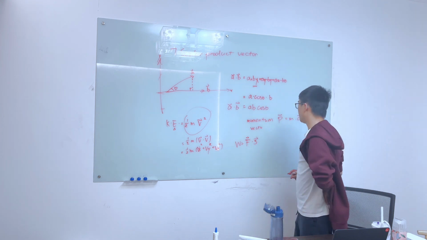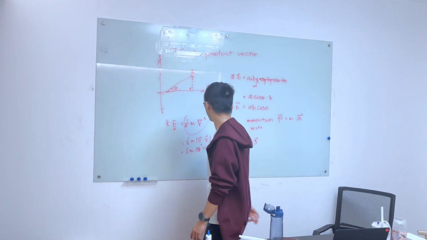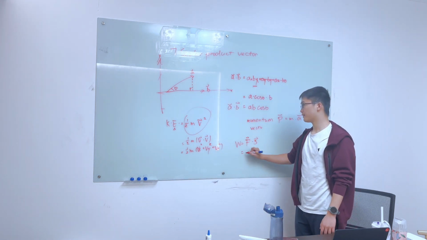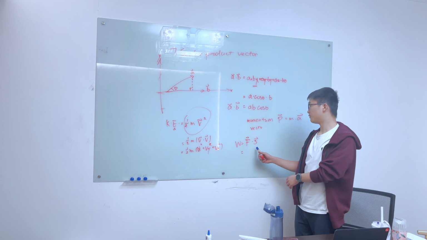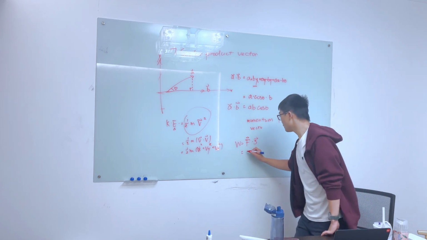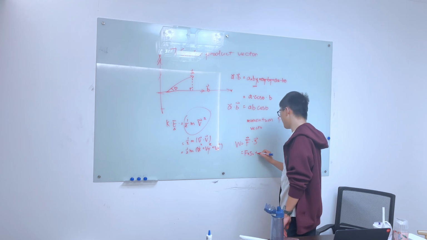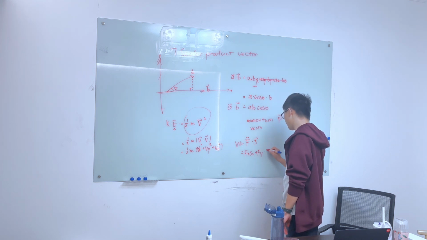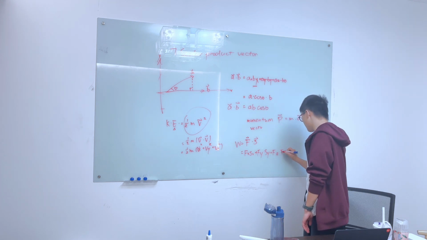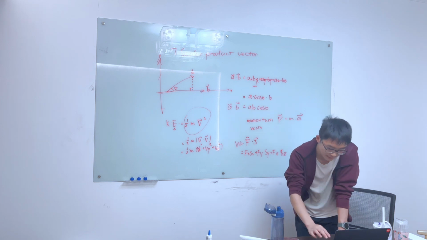These two are vectors, and if I multiply them together, that should be the dot product of force and the distance traveled. So what it will give us is fx times sx plus fy times sy plus fz times sz.